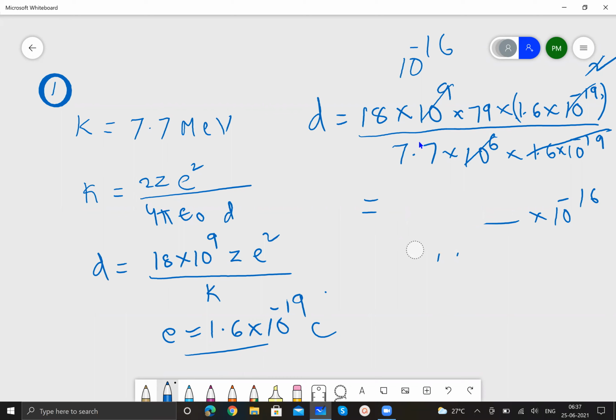So 1.6 by 77 means 16 into 18 into 79 by 77. So almost it cancels. Correct? So this is nearly 3 into 10 to the power of 4 you will get. So finally it comes out to be 30 into 10 to the power of minus 12, 3 into 10 to the power of minus 14 meters.